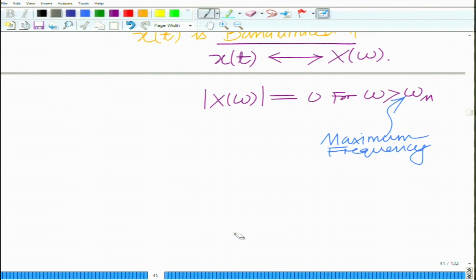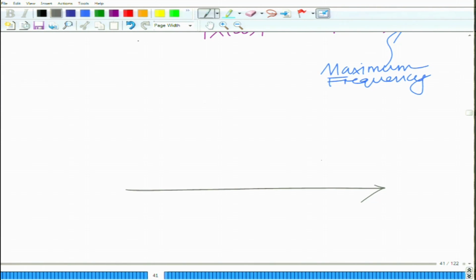Okay. And you can visualize this as follows. If you have the omega axis, then let us say, this is your omega m, this is your minus omega m.